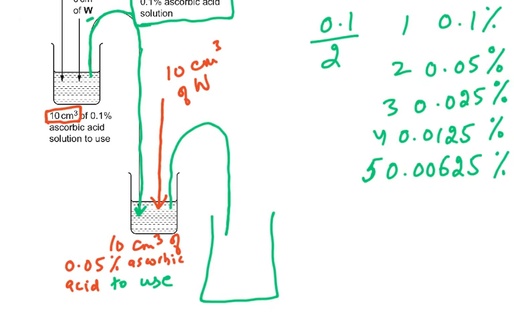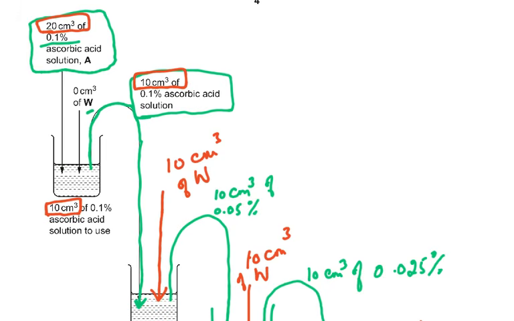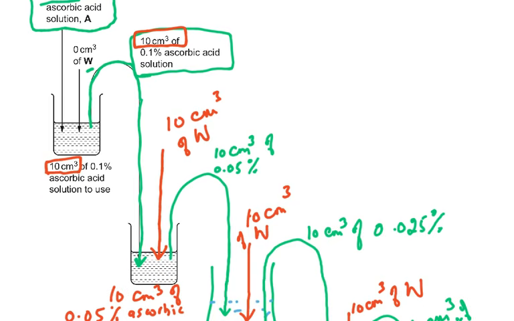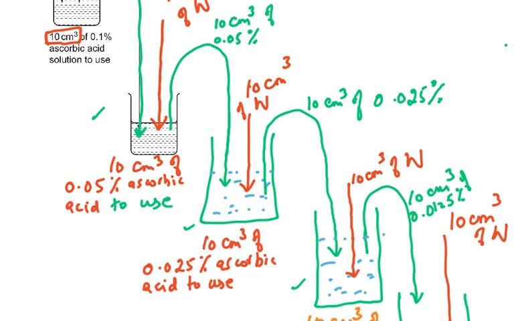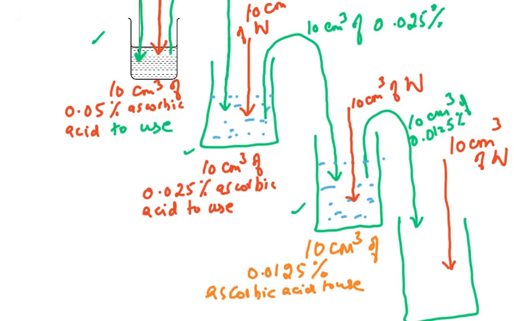I'll just draw them for you and then you can have a look at it. Now that I've completed the table, I'm not so good at putting everything in line. So you see this is one beaker, this is the second beaker, then this is the third beaker, and this is the fourth one, and then this is the fifth one.